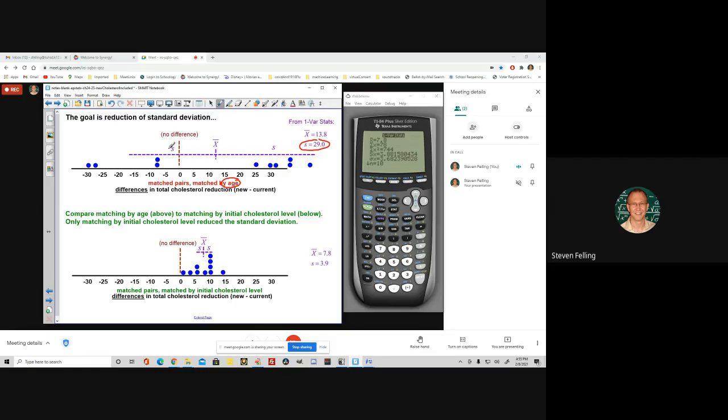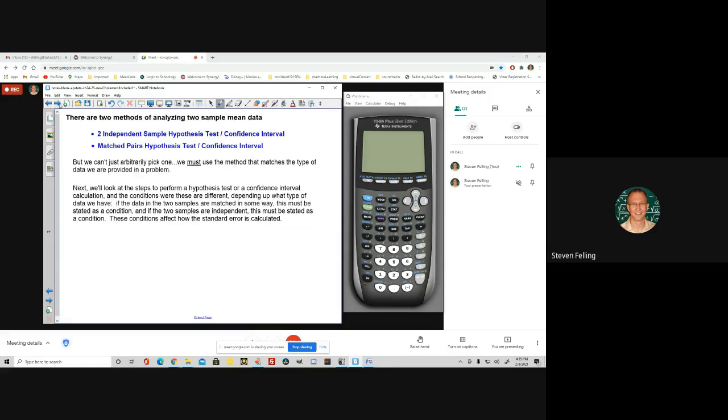The difference of zero is well within the range of being possible. But when we matched by initial cholesterol level, the standard deviation dropped dramatically. And we had so much less variation, the standard deviation is down to 4 here, that this difference is statistically significant. That difference away from zero is statistically significant compared to this smaller standard deviation. So that's the point of matched pair designs, to remove a factor by pairing up that factor.